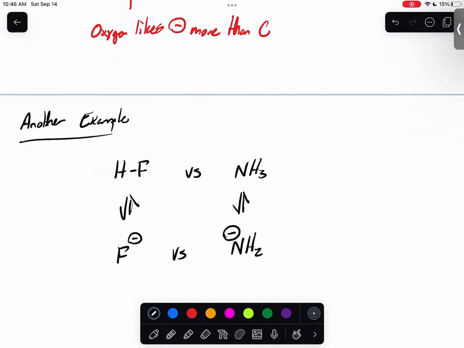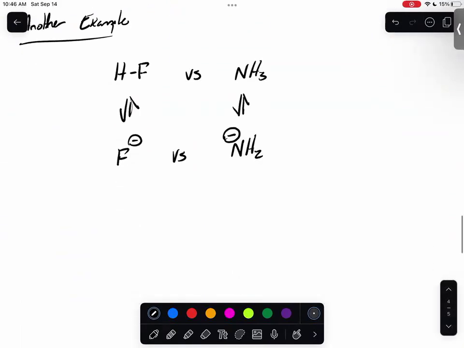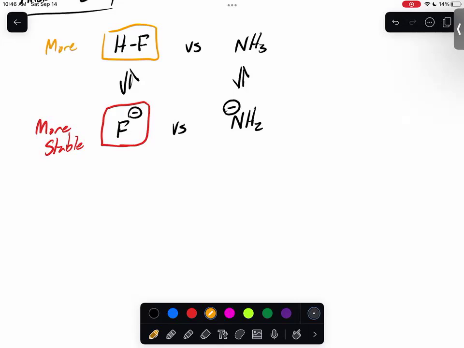And looking at our electronegativity table, we see that fluorine is more electronegative than nitrogen. So because of this, we can say that this F minus is more stable. It's happier to have the electrons, which means that HF is also more acidic than NH3.